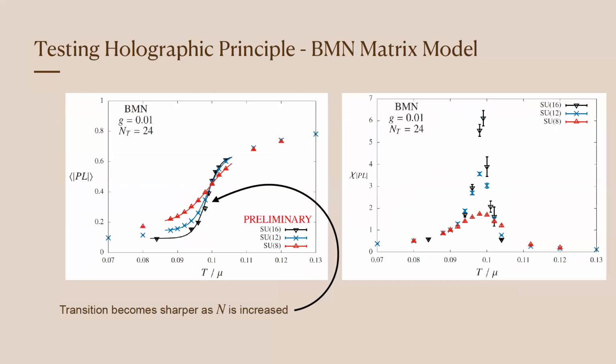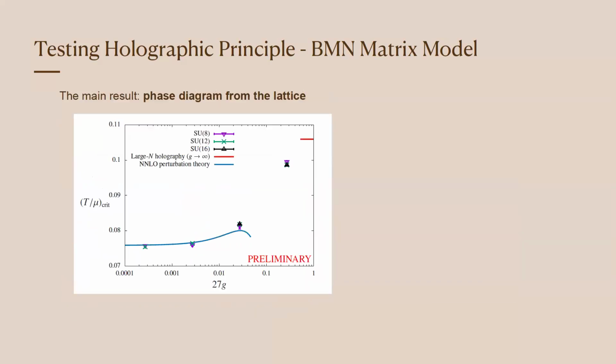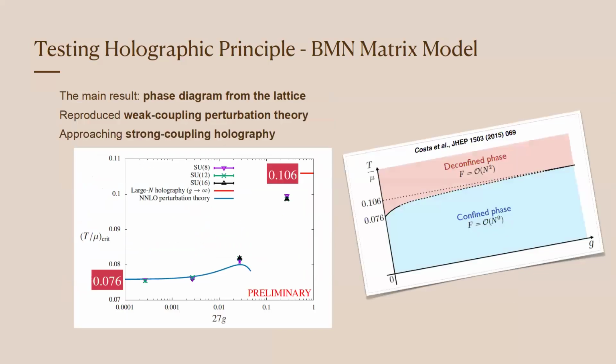Okay, all right. So this is our preliminary result. The result from gravity is shown here. And that is predicting that the phase transition should happen at this value at strong coupling. Okay. So these are our lattice computation results. So slowly it is approaching.